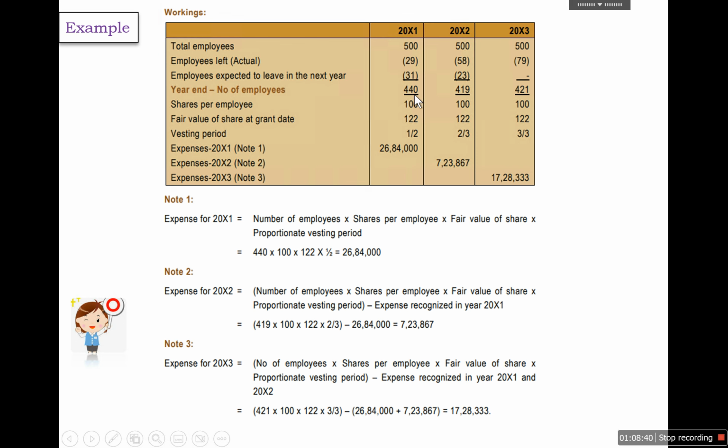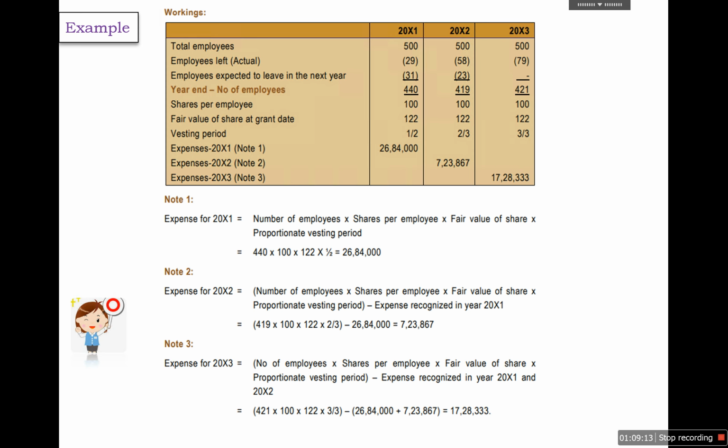That's why only the 31 employees expected to leave in X2 are considered here. So employees expected at year end are 440, shares per employee 100 and fair value 122. The vesting period is considered 2 years because we expect that by X2 we will achieve the target. So the expense that we will book is 440 into 100 into 122 divided by 2 because vesting period is 2 years.